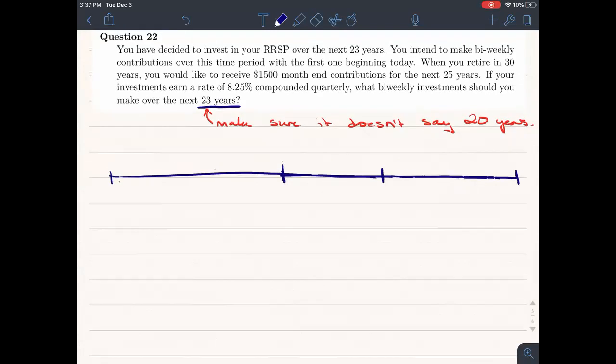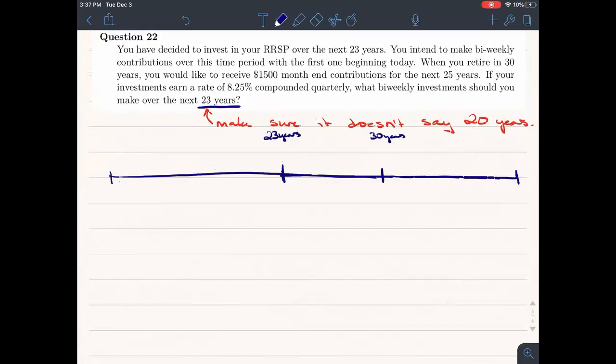So you're going to make bi-weekly contributions for 23 years. Over this here, I'm just going to make a note to myself that that's the 23-year mark. Here's the 30-year mark, because that's when you officially retire. Hopefully this question feels kind of familiar from test 3 and also in class.